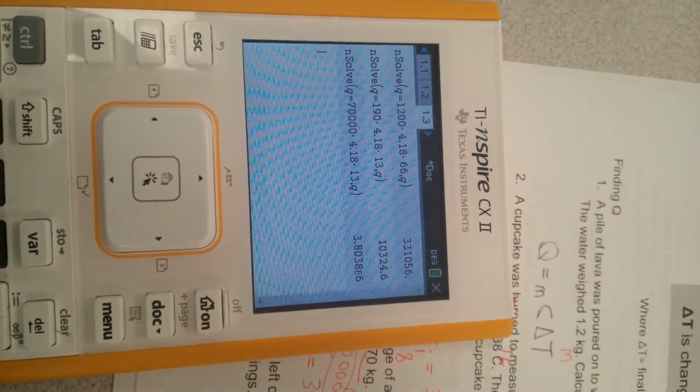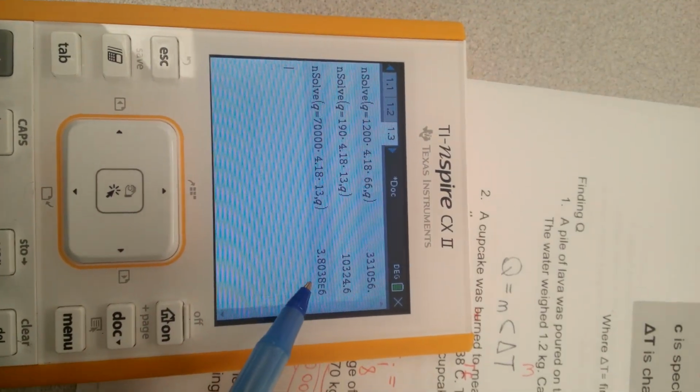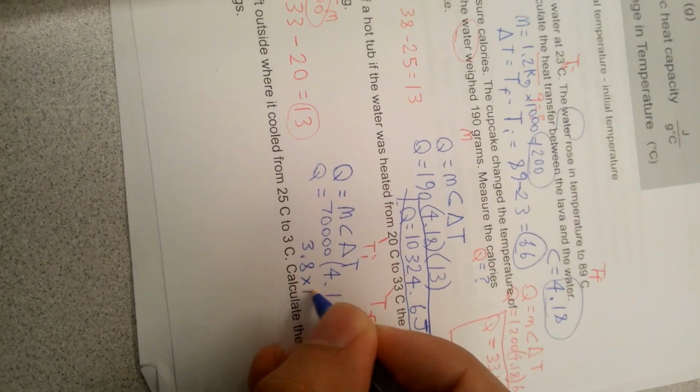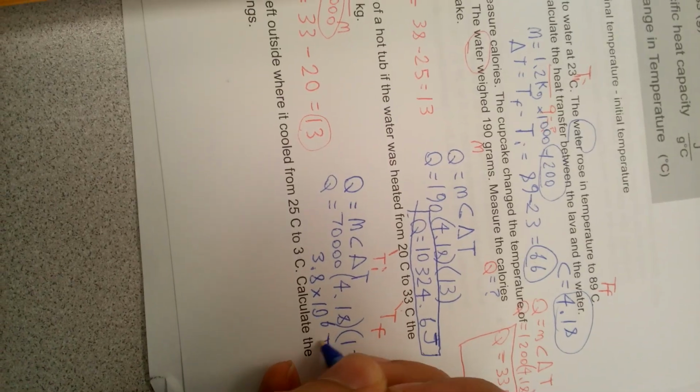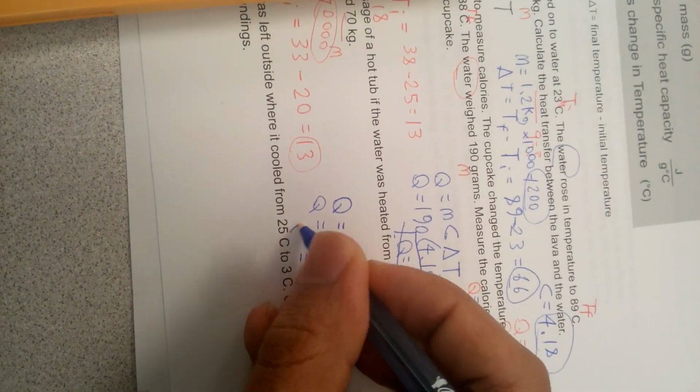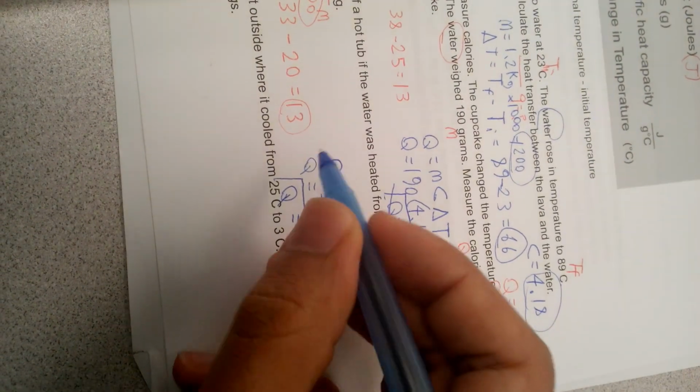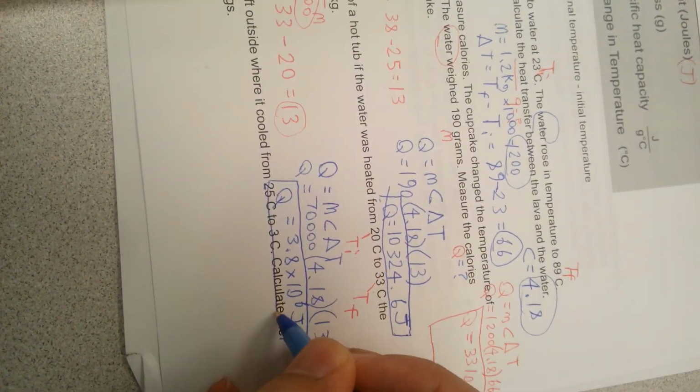And the answer will come out to be 3.8 times 10 to the 6. So we're going to put 3.8 times 10 to the 6 power with a joules next to it. So that is question number 3. Next, we're going to move on to question number 4.